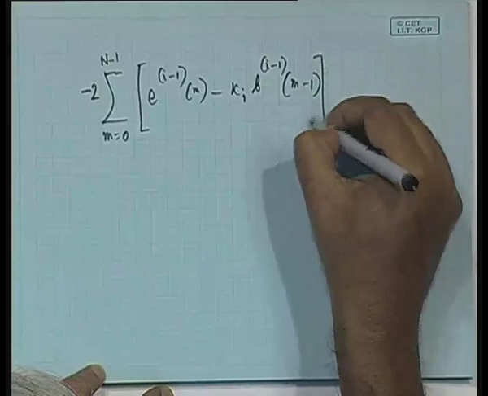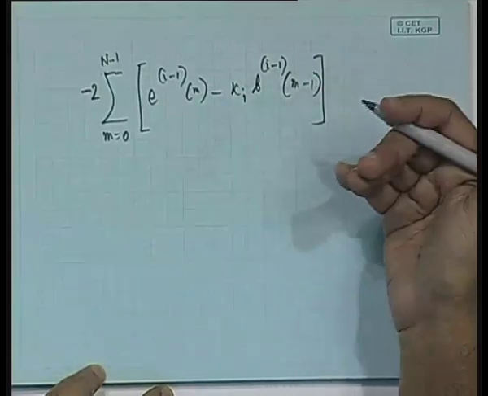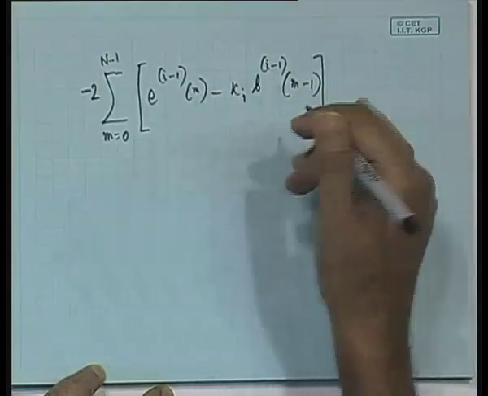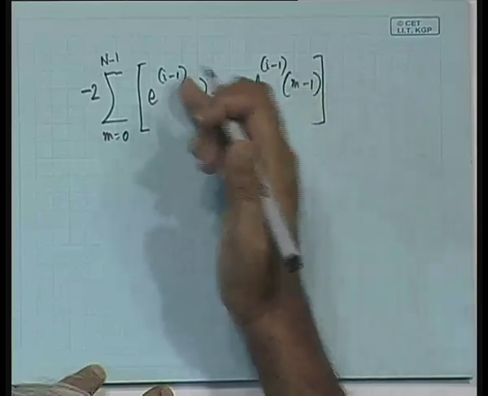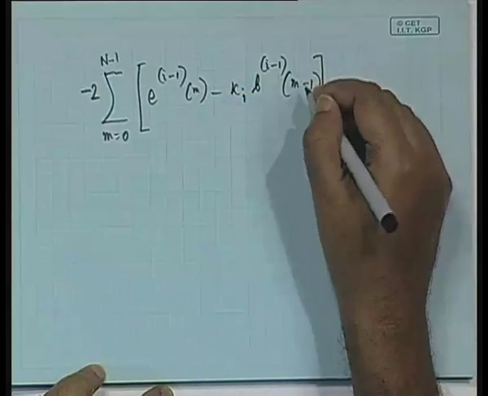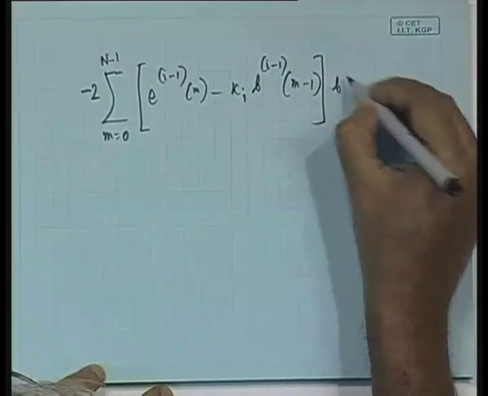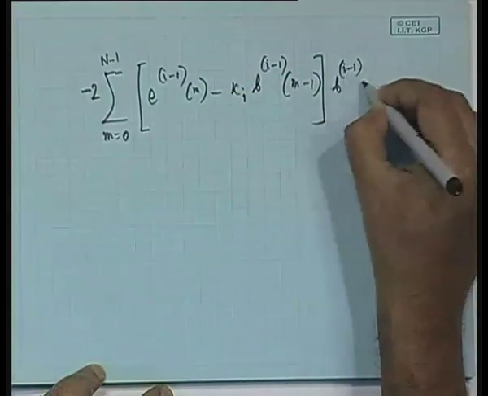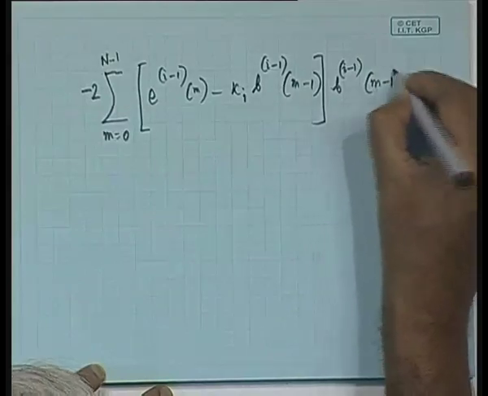This is EI minus 1 M minus KI BI minus 1 M minus 1. You can definitely expect this because your EI expression itself is in terms of EI minus 1, BI minus 1 and KI. And this is multiplied by BI minus 1 M minus 1.